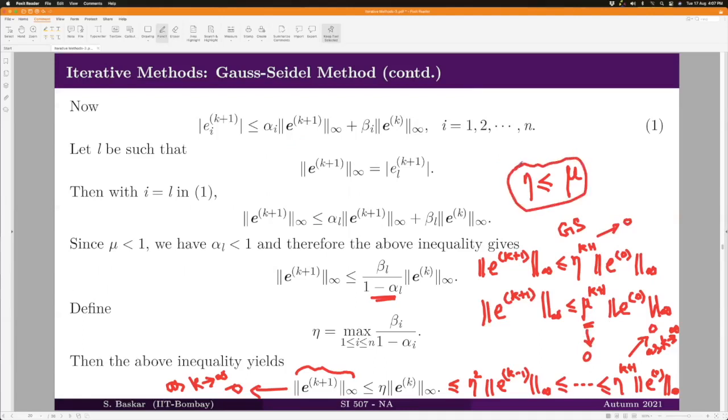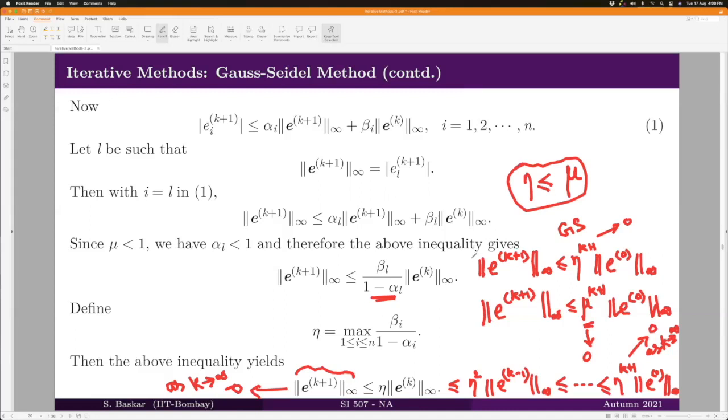So this is always reflected in the computation that whenever both Gauss-Seidel and Jacobi methods converge, the Gauss-Seidel error will be slightly less than the Jacobi method's error. We can always observe it numerically.